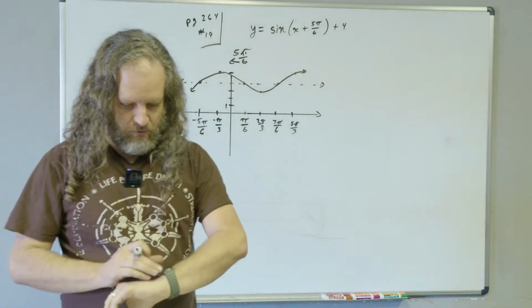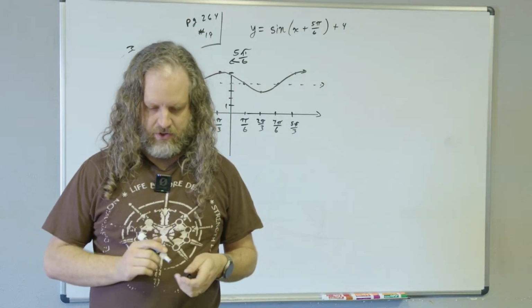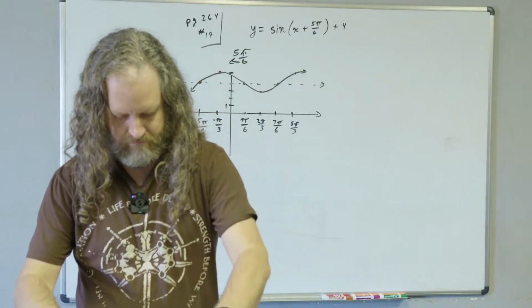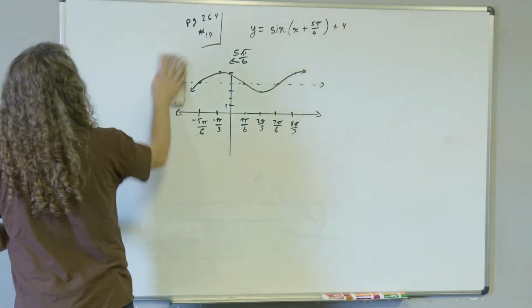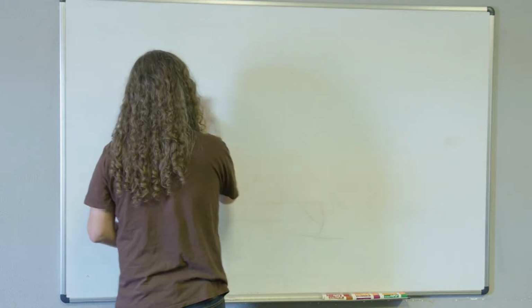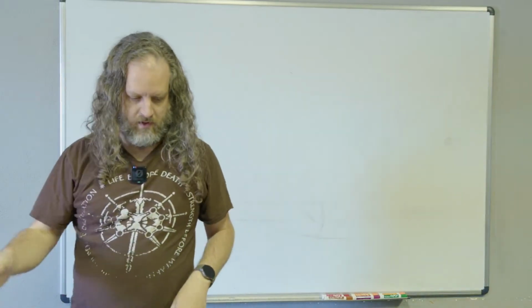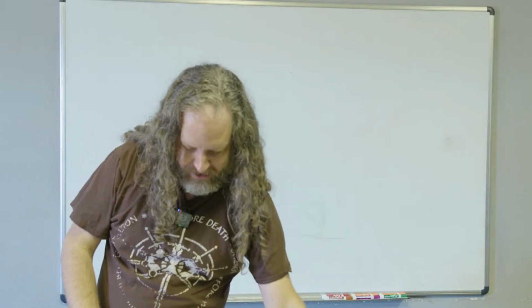Let's do one like number 11 on the same page. It says write a sine function that can be used to model the initial behavior of a sound wave with the frequency and amplitude given.